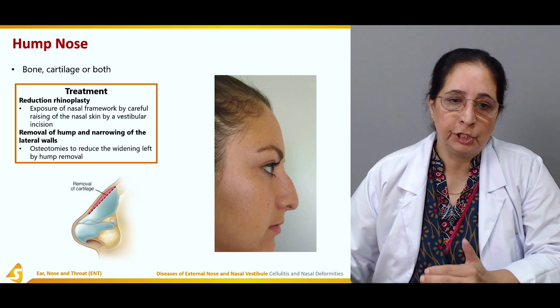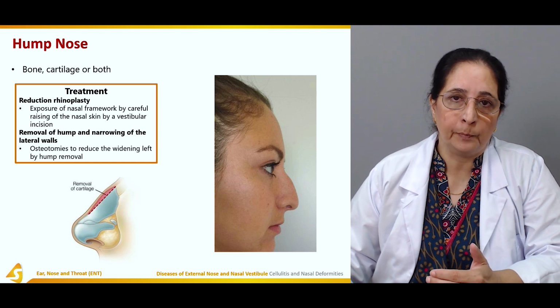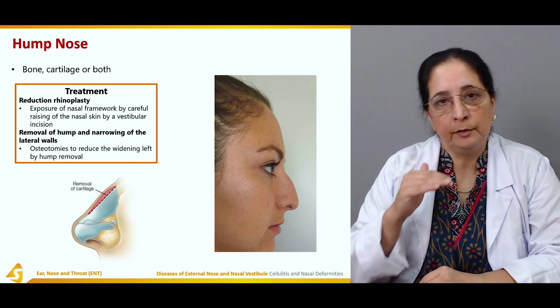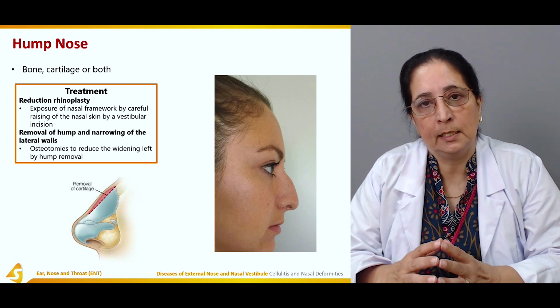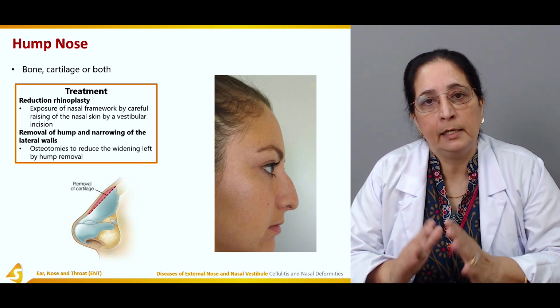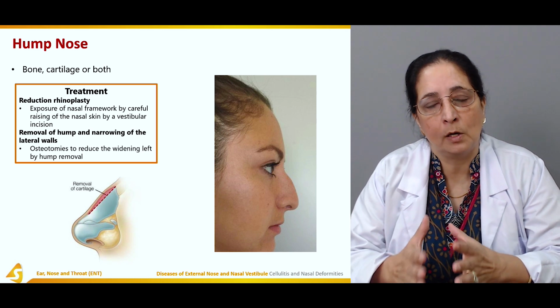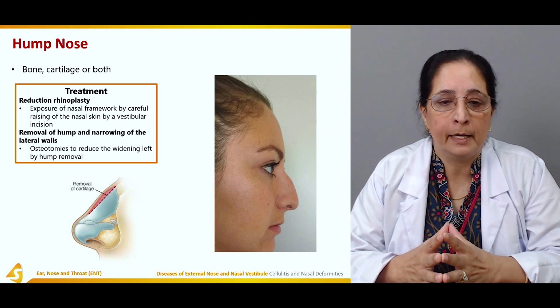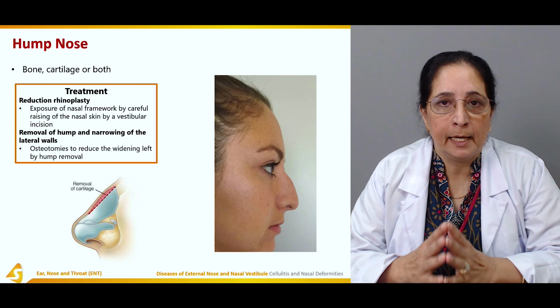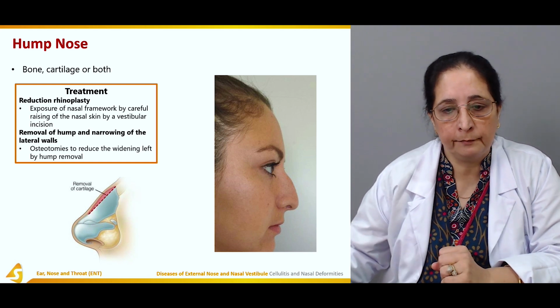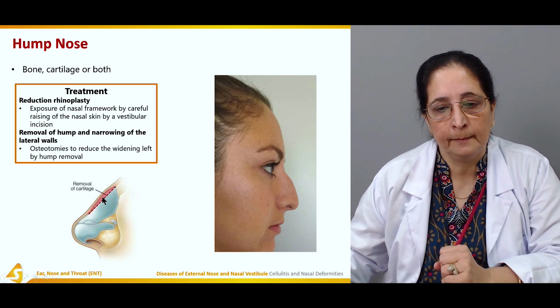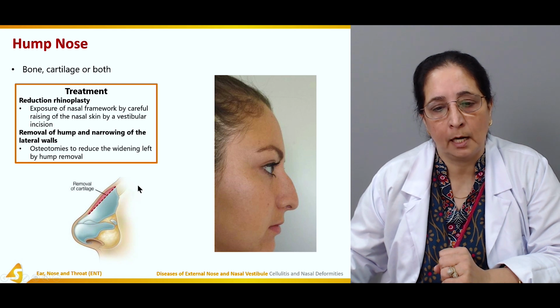So reduction rhinoplasty is performed. After the hump is removed, the widening of the lateral walls is corrected by osteotomies. So here, if you see, there is removal of the cartilage or the hump.